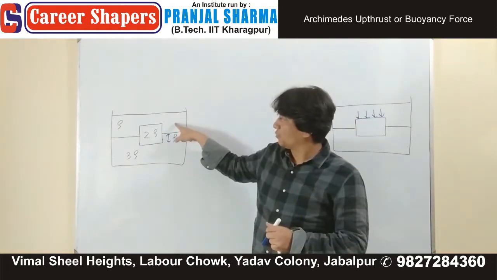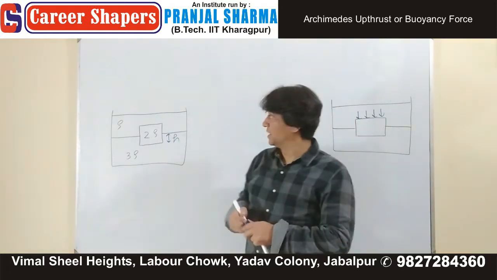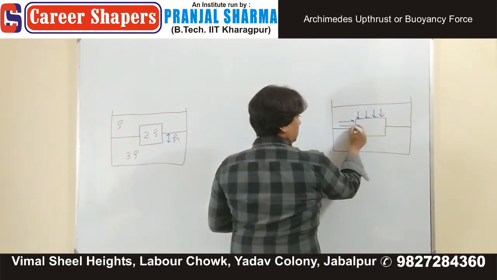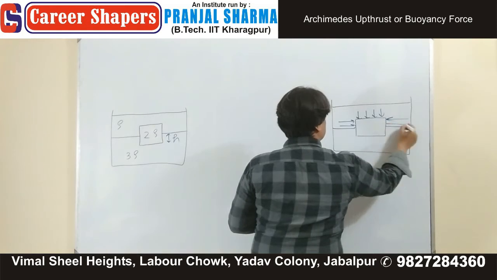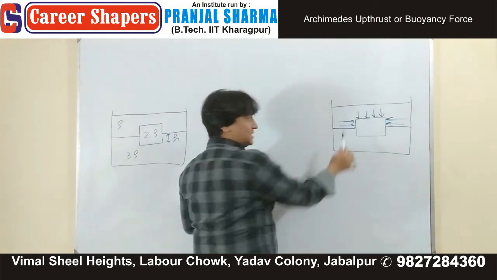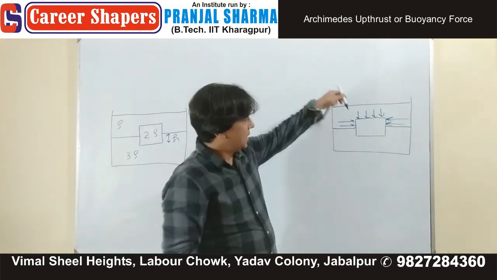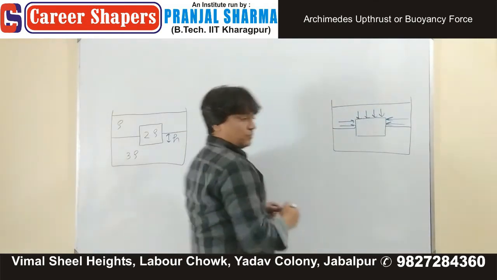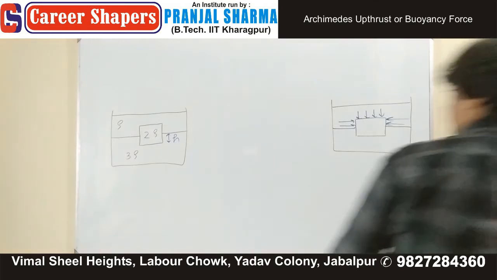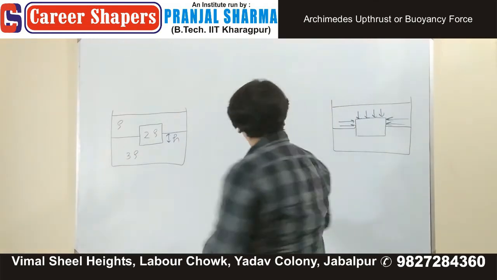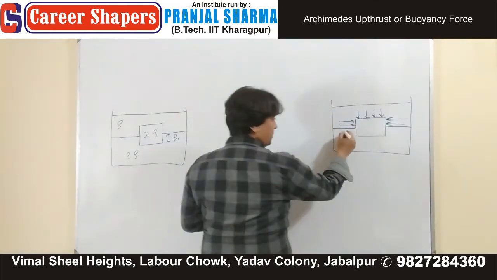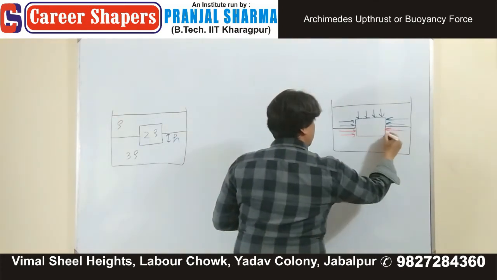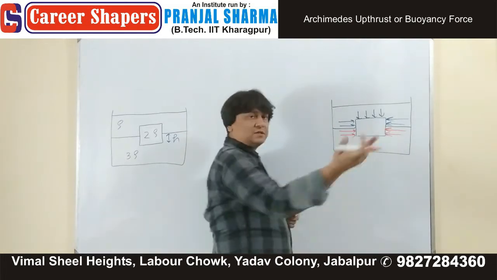The first liquid is giving it these forces, sideways, which will cancel each other, and a down thrust. The liquid 3 rho is giving it these type of forces shown in red. They will cancel each other.